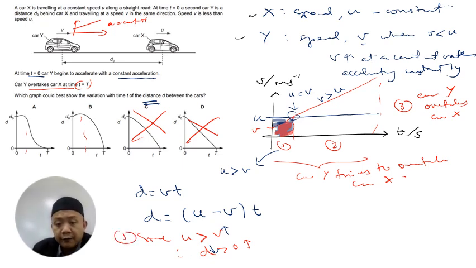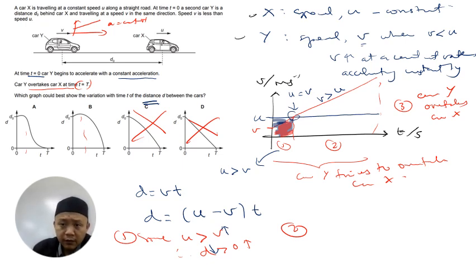So this is during the first phase. During the second phase, the transition, u equals v. So when u minus v equals 0, d will equal 0. When d equals 0, there is no additional distance between the two cars.